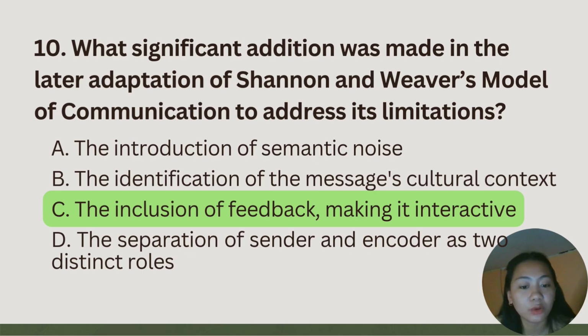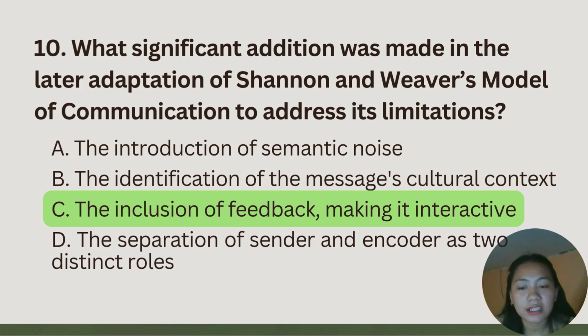It is not involved in the direct updates of Shannon and Weaver. Okay, next letter B, the identification of message, cultural context. This came from later theories, and is not from Shannon and Weaver.